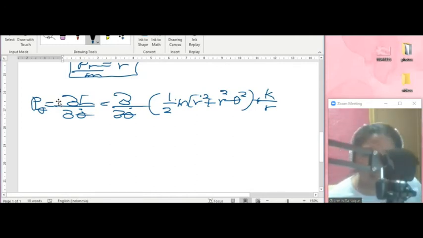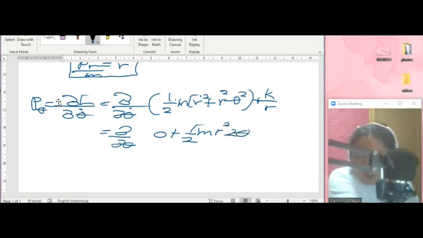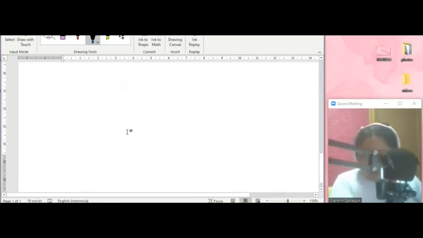This one will cancel because there is no theta dot. This one will have a derivative and this one will cancel. So let's demonstrate this: 0 plus 1/2 m r squared times 2 theta dot plus 0. Now we have this, so simplify this term.